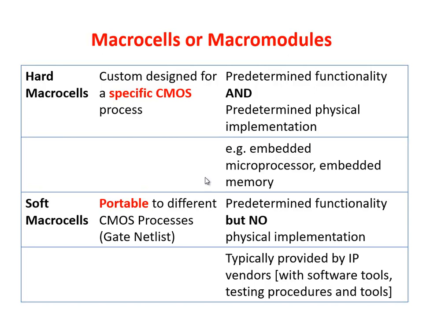And this is the situation that is most common for the IP vendors that I mentioned before. Because for an IP vendor it is easier to sell a macrocell that can be used for all CMOS processes than to optimize the same macrocell for many different possible foundry processes. And therefore that is much more common.